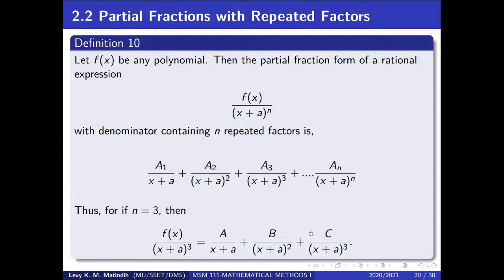Now, in number 10, we are going to look at how we can convert a rational function with repeated denominator factors into partial fractions. The second piece is how we can express rational functions with repeated factors into partial fractions.